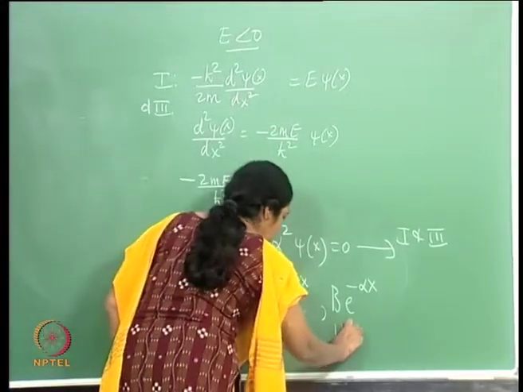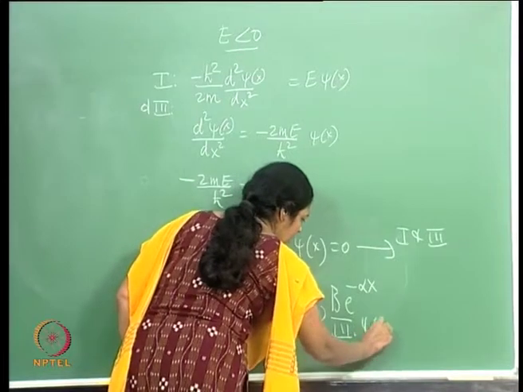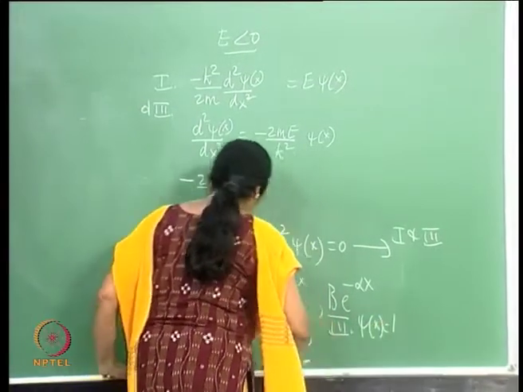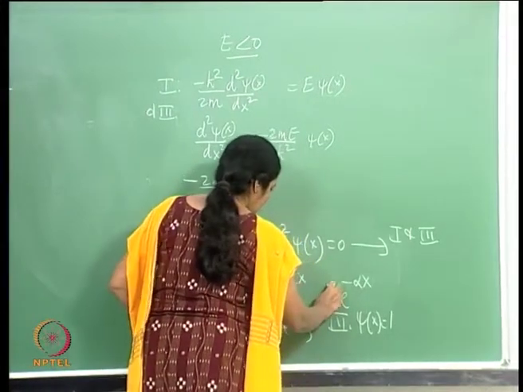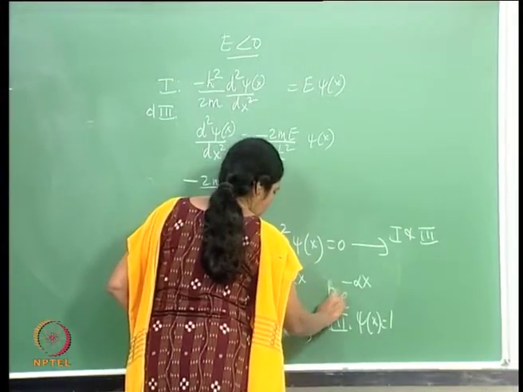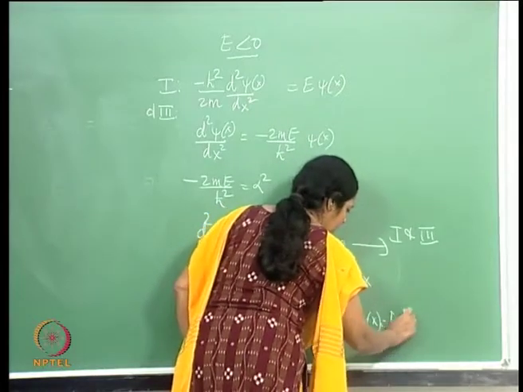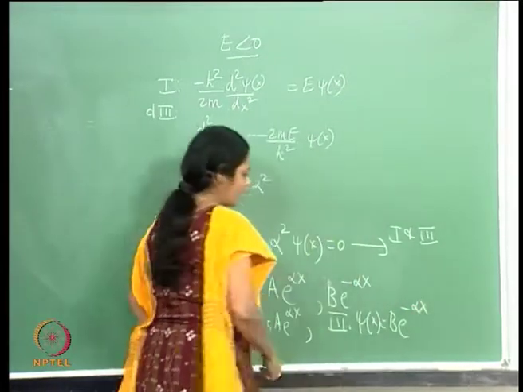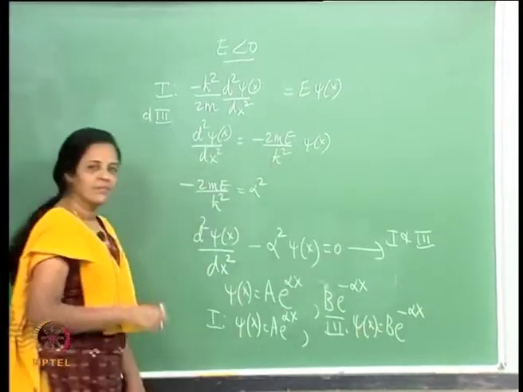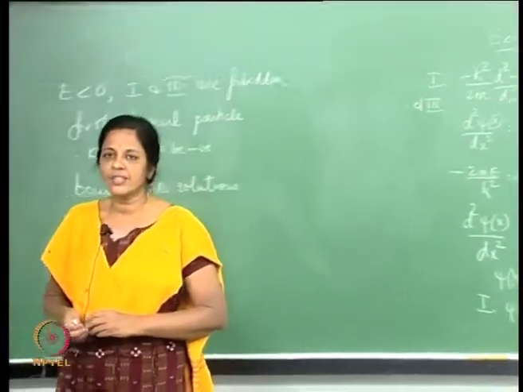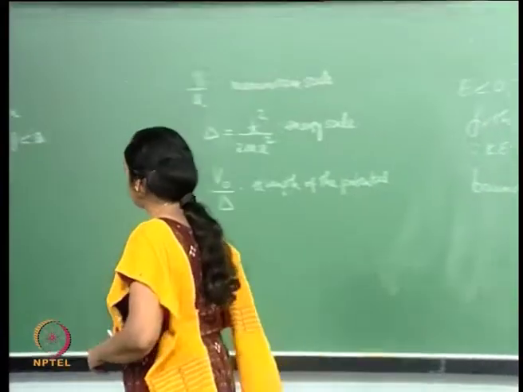Now in region 3 psi of x is b, let's keep an order. Psi of x is b e to the minus alpha x, because when x goes to plus infinity this is fine and that is not. So I have solutions in region 1 and region 3.